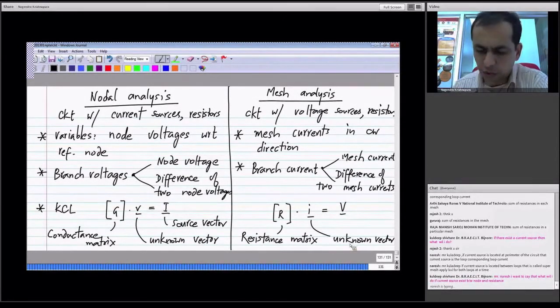When I say source vector, obviously I mean independent sources. Okay?